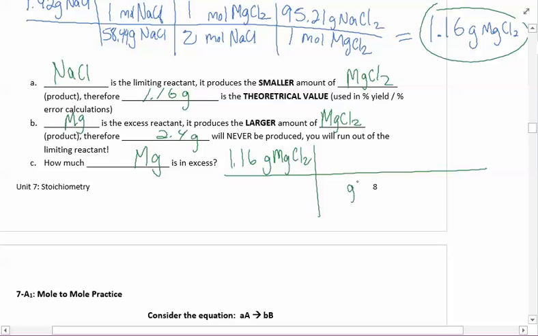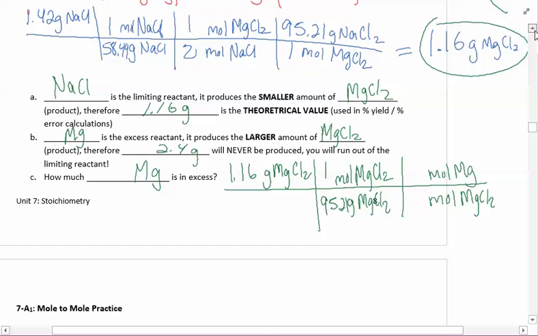So we'll have grams of MgCl2 on the bottom, moles of MgCl2. It is 95.21. Mole of MgCl2 to moles of Mg. I believe it was a 1-to-1 ratio.